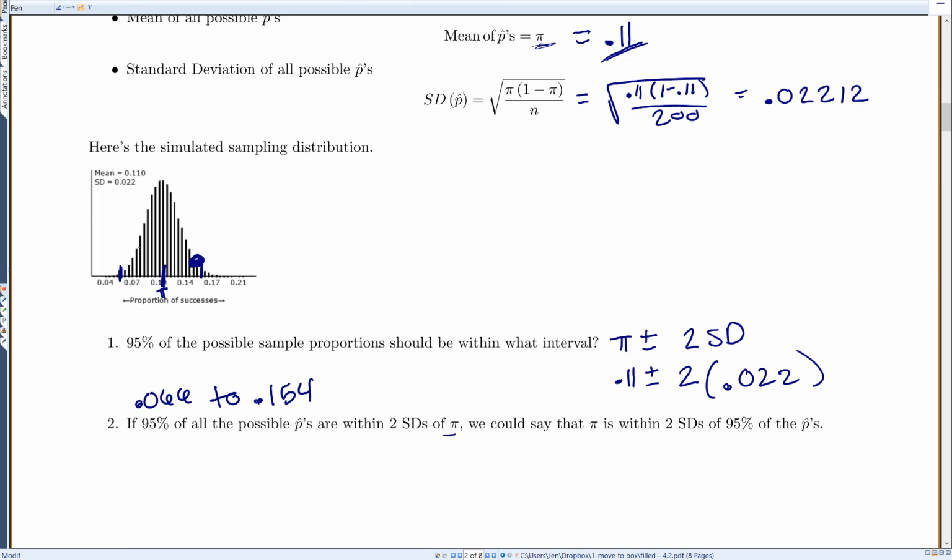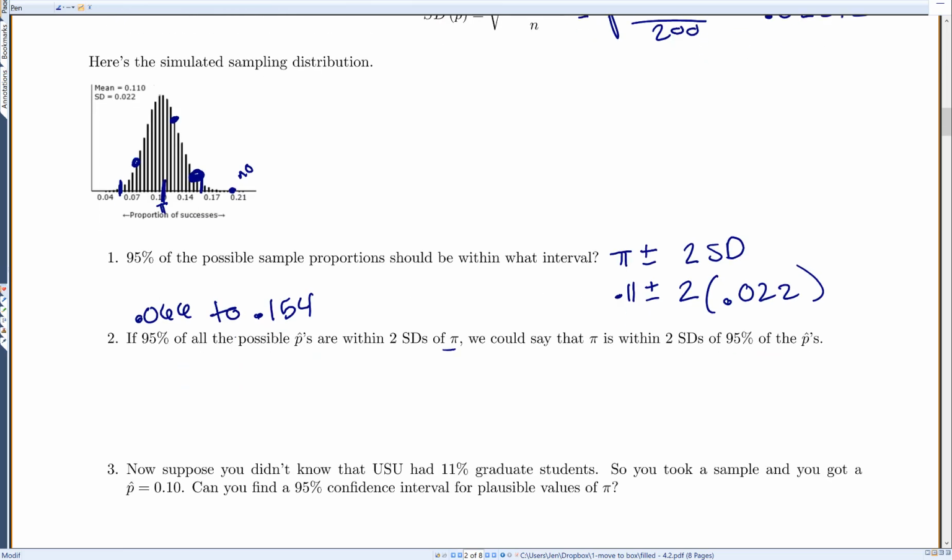Yes. Is it within 2 standard deviations of this sample proportion? Yes. Within 2 standard deviations of that sample proportion? Yes. Is it within 2 standard deviations of this one? Well, no, that one's farther away. It's not going to be within 2 standard deviations. But most of these sample proportions are going to be within 2 standard deviations of pi.